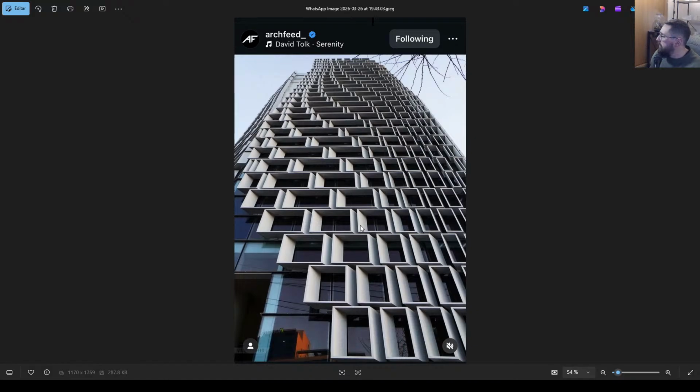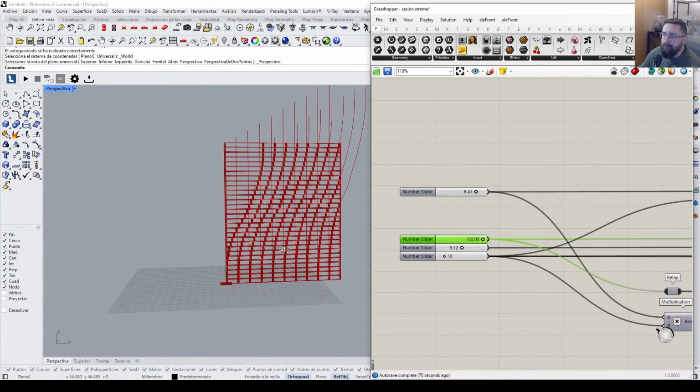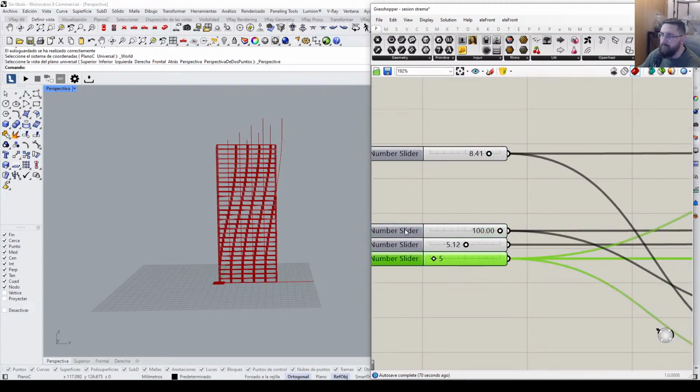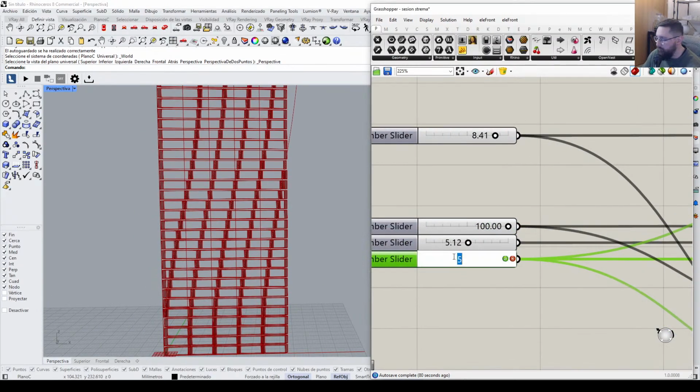I don't know how this works. Any ideas, Walt? Yeah, I might have to manually draw. Oh, that's a pain. What a pain in the ass, man.